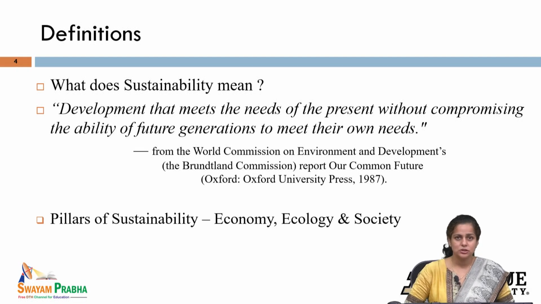And then the last is society. As we know, society is a really complex system. It keeps changing, the demands change, and also how we respond to different changes. So there is this complexity and complex interaction of different aspects that needs to be accounted for when we talk about sustainability.